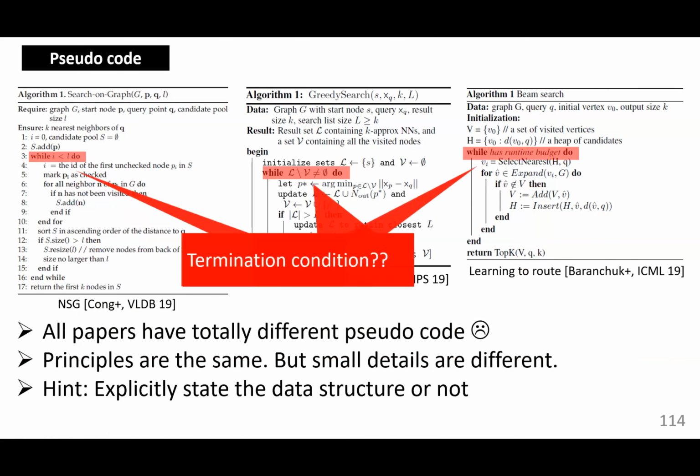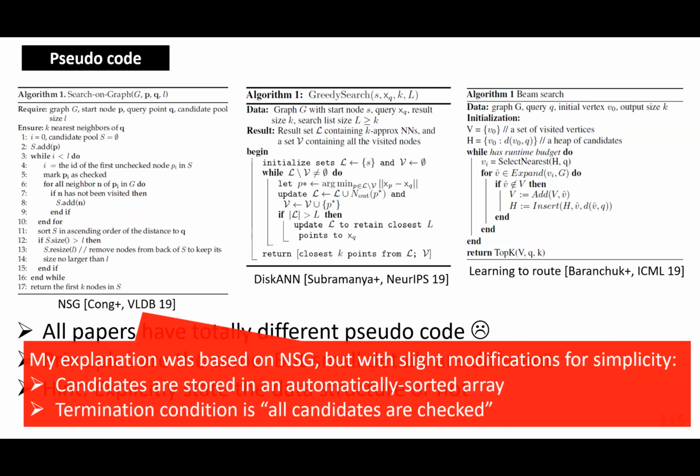Okay. And this is the termination condition. I received this question from the audience. The termination condition is totally different for each paper, so we need to be careful about that. Today's explanation is based on the first one, NGT, and I put in some slight modifications for simplicity.